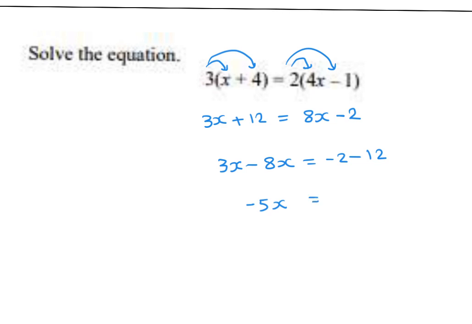Negative 2 minus 12 is negative 14. So divide by negative 5 on both sides. So x equals 14 over 5. As a fraction, we can write it as a mixed number or as a decimal, which is about 2.8. Okay? Understood?